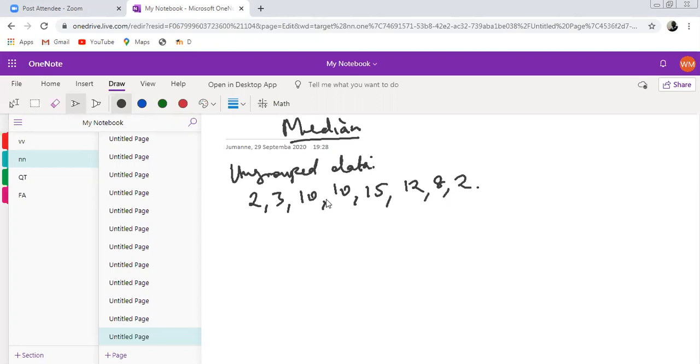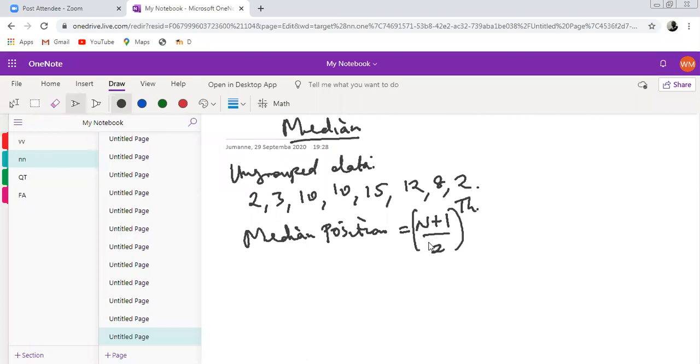For us to be able to calculate the median from ungrouped data, there's a formula for the median position. To locate the median position, it is given by n plus 1 over 2. It is a position. It is not the median.